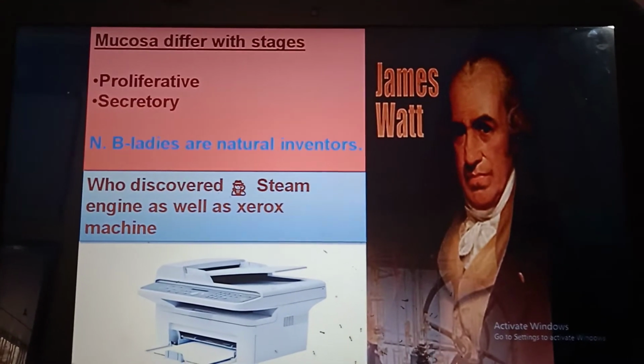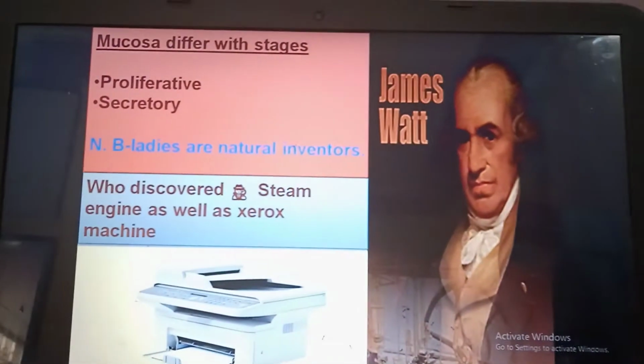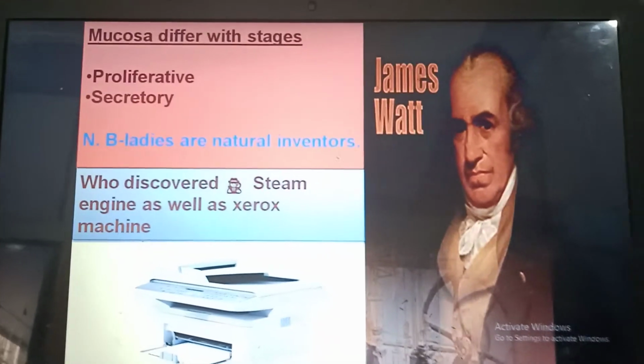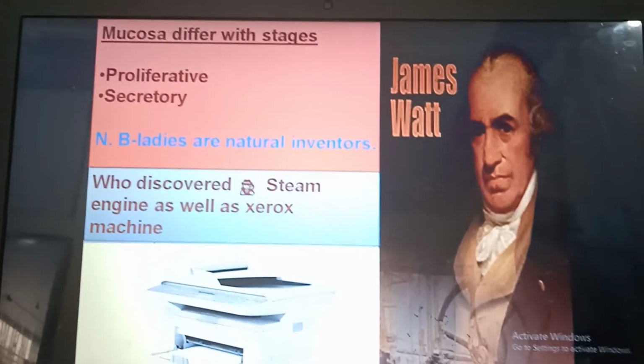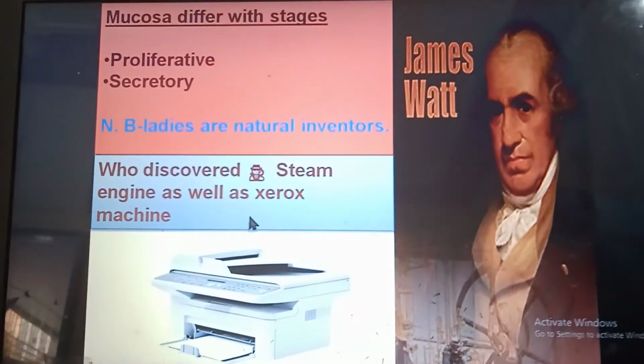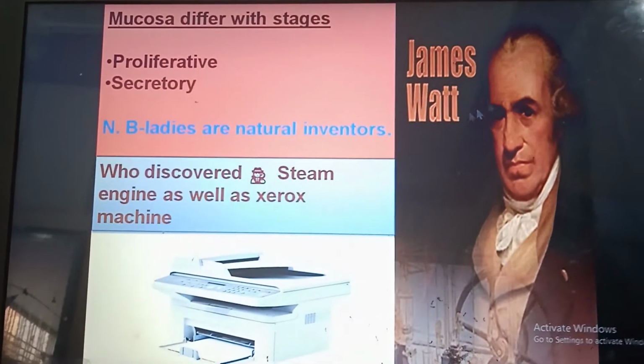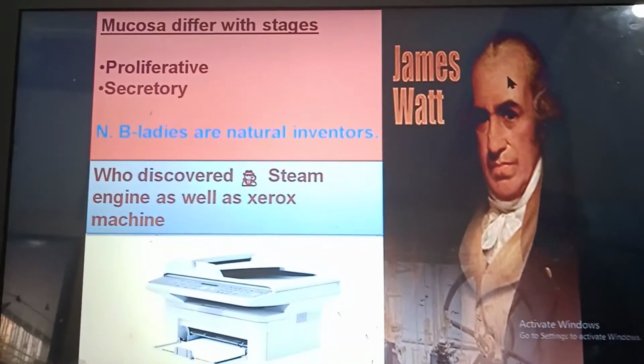Now, mucosa differs with stages, that both epithelium and lamina propria are different in proliferative and secretory phase. We all know that ladies are natural inventors, like James Watt.